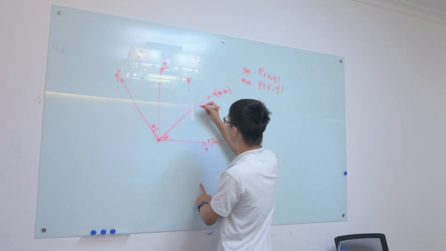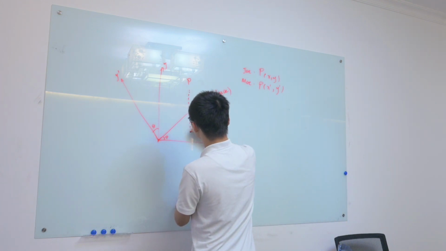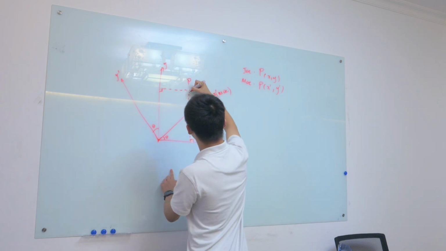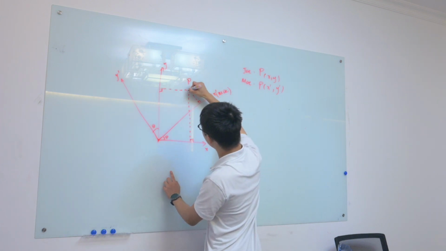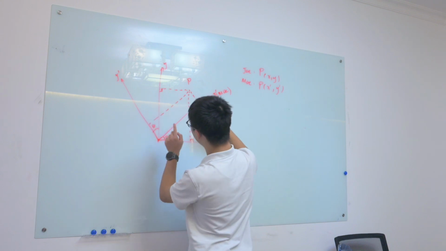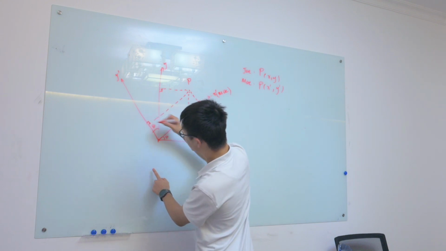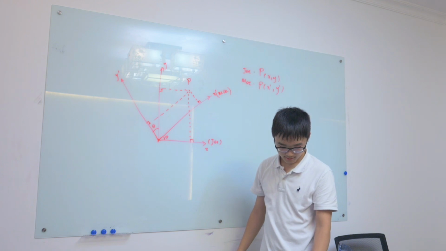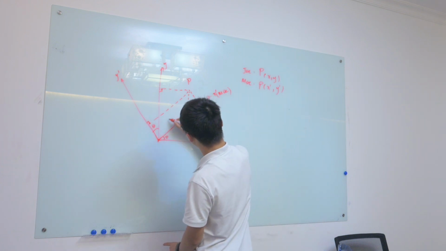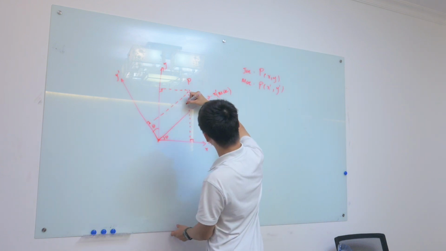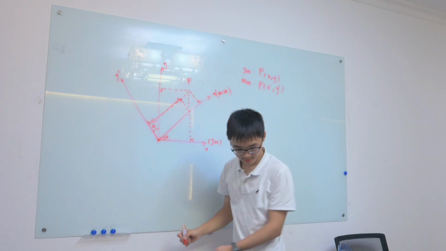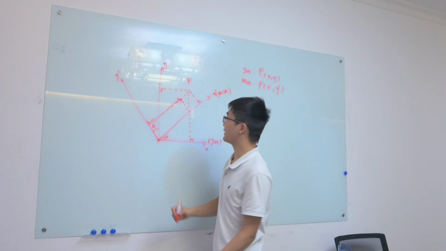So if we draw these perpendicular lines down separately in these two coordinate systems, we will know that this length right over here is cosine theta.